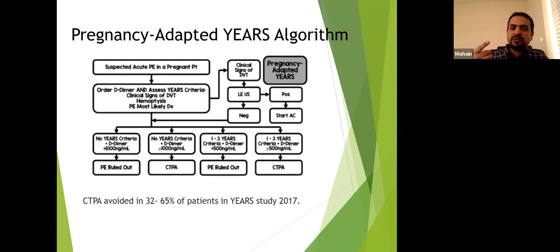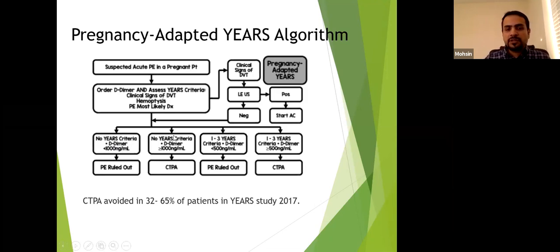Do they have clinical signs of DVT? Do they have hemoptysis? Do you think the PE is the most likely diagnosis? And then according to their DVT exam, if they have any signs of DVT and their ultrasound is positive, just start the anticoagulation. If the ultrasound is negative, then you adjust your D-dimer cutoffs according to your YEARS criteria.